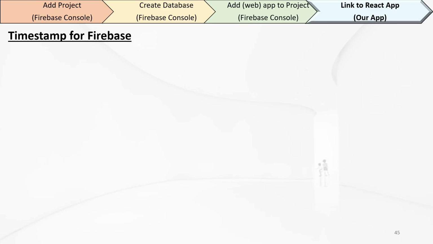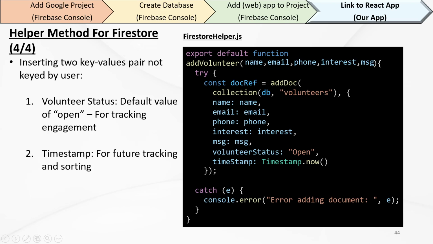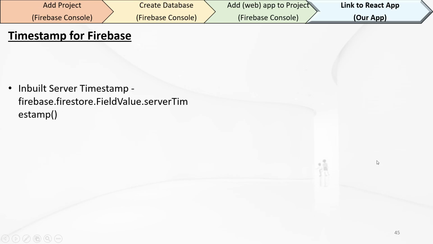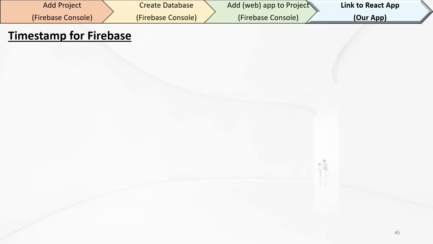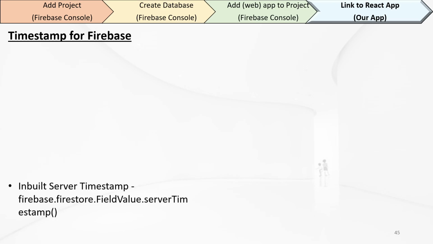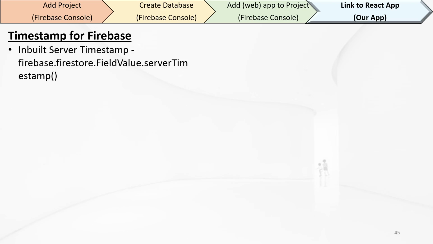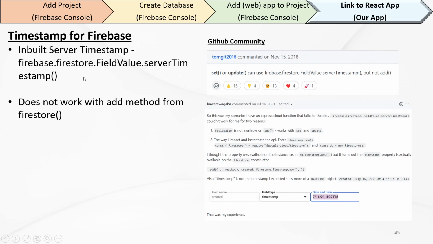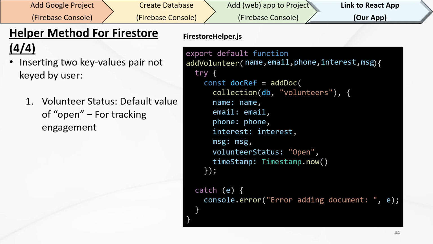As you can see, this code is pretty clean. Timestamp.now is very simple. It's actually after some trial and error. Initially I tried to use the inbuilt server timestamp. As you can see, it's FieldValue.serverTimestamp, but it does not work because I'm using an add method here for add document.